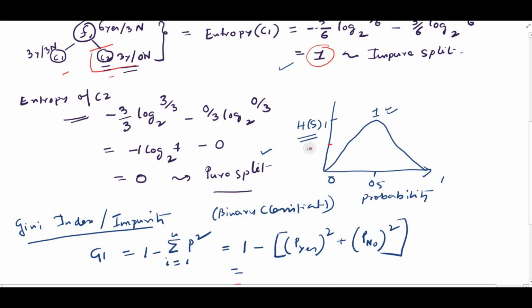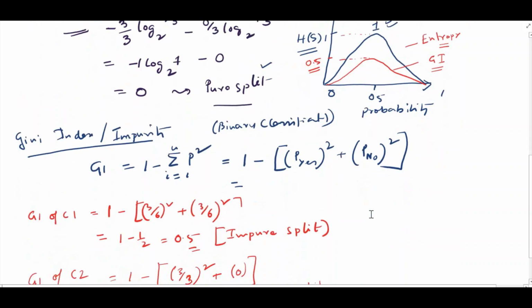When the probability goes from 0 to 0.5, your graph will go like this. So this is 0, 0.5 and this is 1, and this graph is for Gini index and this is for entropy. Okay, clear? I hope it's clear to everyone.